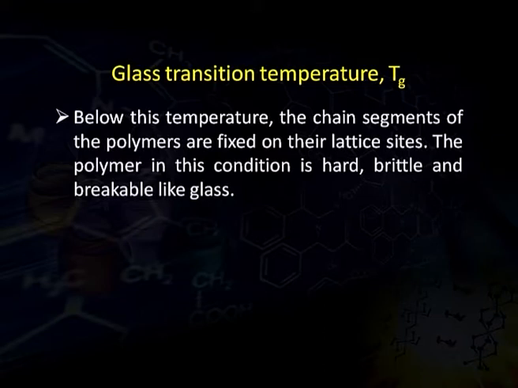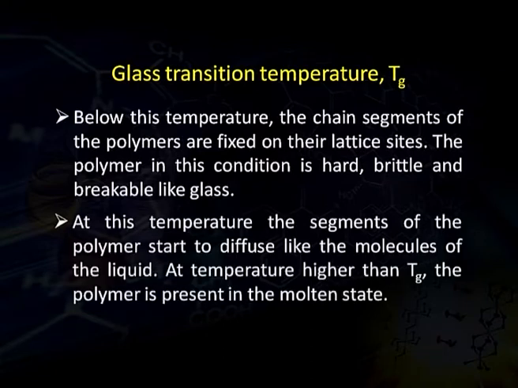At this temperature, the segments of the polymer start to diffuse like the molecules of a liquid. Because the chain segments have left their lattice positions, now they start moving and they start to diffuse. And at a temperature higher than the glass transition temperature, the polymer is present in the molten form, because the chain segments have left their position and now they are free to move like a liquid.